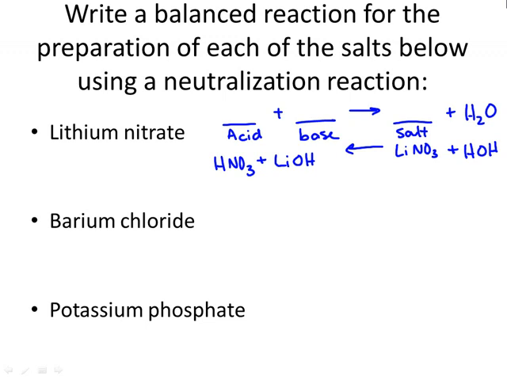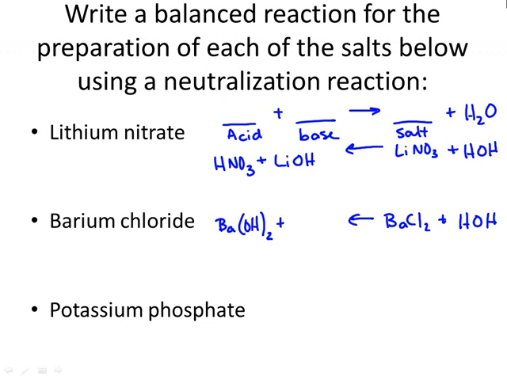If barium chloride is the salt, again, thinking about water, think about it going backwards. Barium is going to pair up with the negative in HOH, which is hydroxide. So I will have barium, which has a +2 charge, and hydroxide, which has a -1 charge. So I'll need 2 hydroxides.